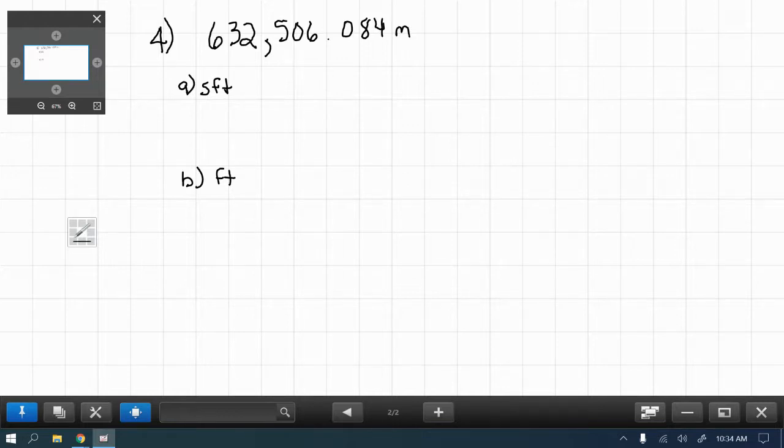So what should I use in our textbook? What should I use maybe to do number 4? US survey foot equals... So page 23. So I would use page 23.